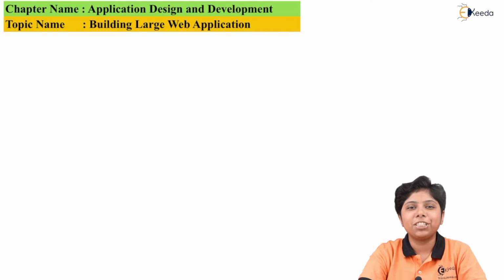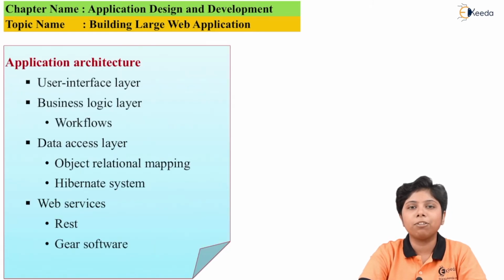Hello friends, today we will discuss building a large web application. To do that, we first need to know about the application architecture, which consists of the user interface layer, the business logic layer as well as the data access layer.